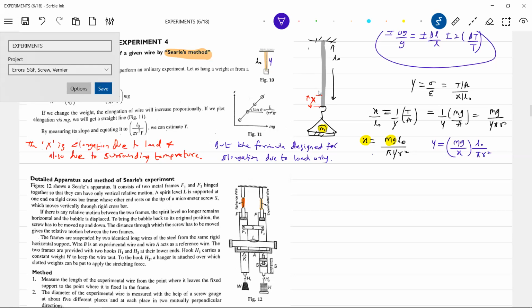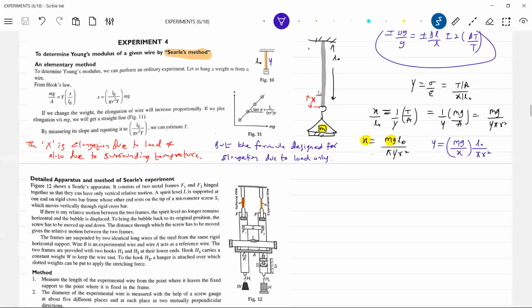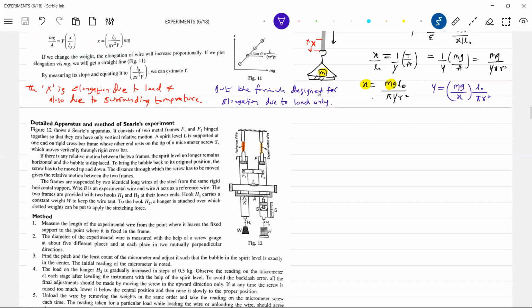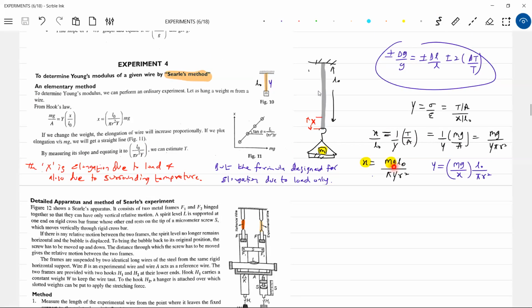Okay, there is a drawback. In the simplest way, shall I say that the effect of temperature is not considered in this particular formula.